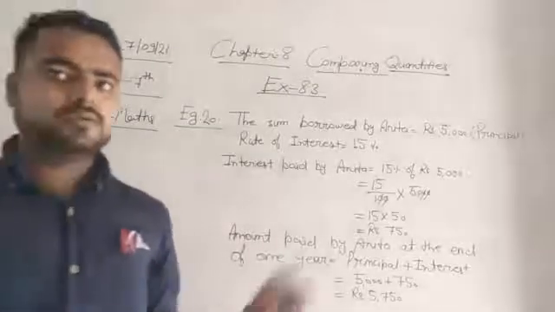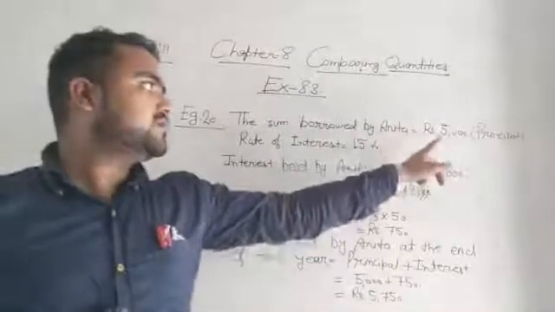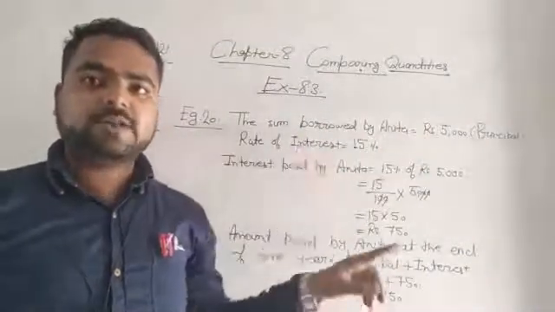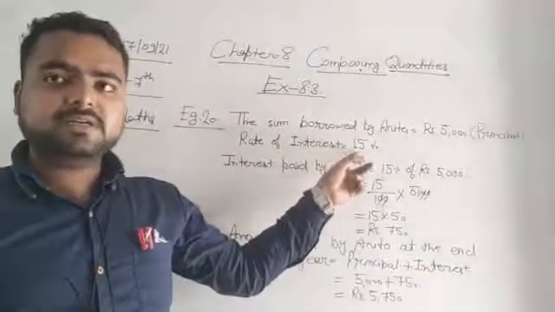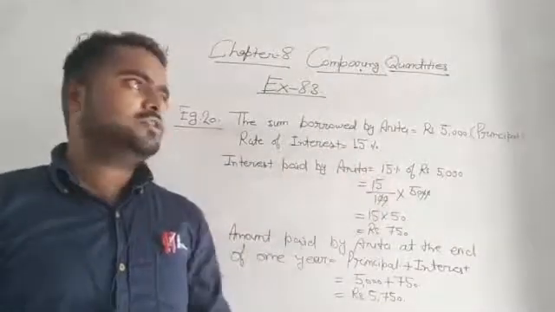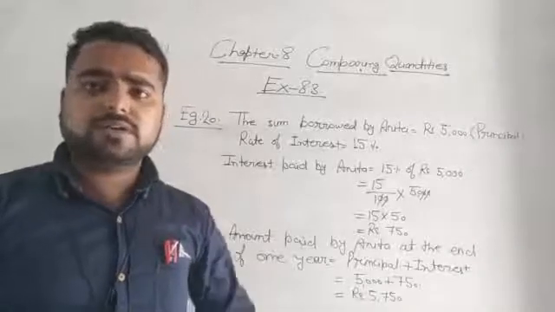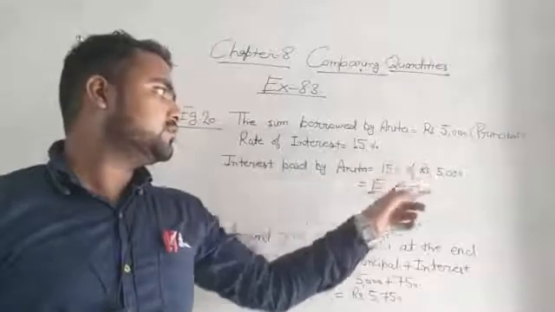Okay, so let me explain it. The sum borrowed by Anita is rupees 5000, that is the principal, and interest charged by the bank for borrowing the money is 15% per year, and interest paid by Anita, as the duration for loaning is only 1 year. Okay, the interest paid by Anita is 15% of rupees 5,000.